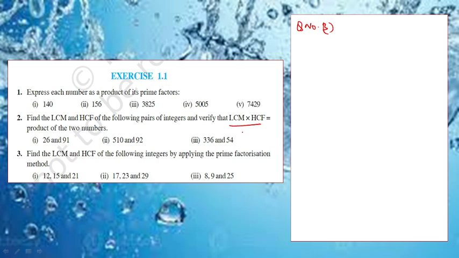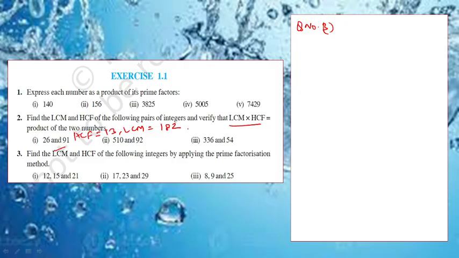Verification. For the first one, we got HCF 13 and LCM 182.